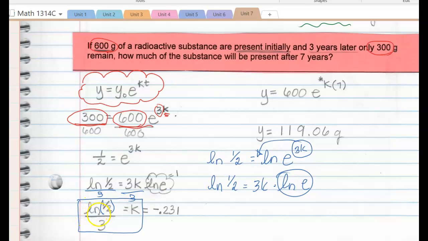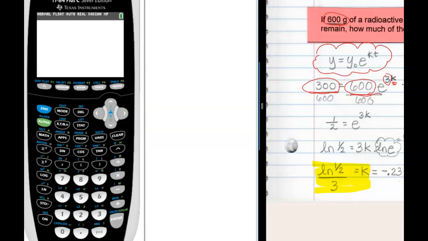So remember that if you're going to put this in a calculator to get an estimate, I will have the natural log of 1/2. Make sure you close the parentheses on that natural log before you divide it by 3 and have that equal k. I'm going to do this on the calculator to show you a couple of things. When you have problems like this and you may have to use k again, I'm going to use the store function. But for right now, let's determine the value of k.